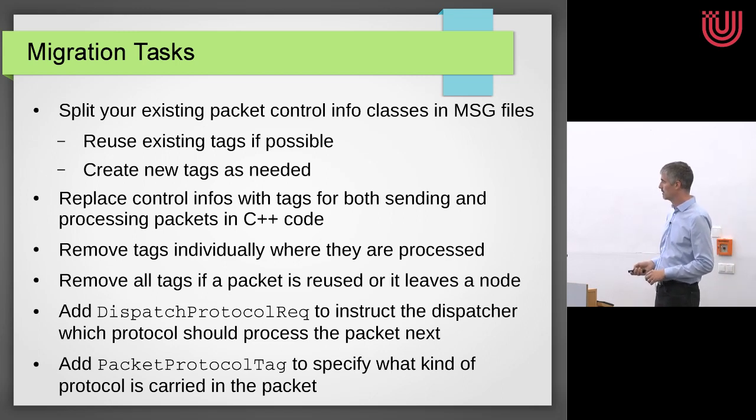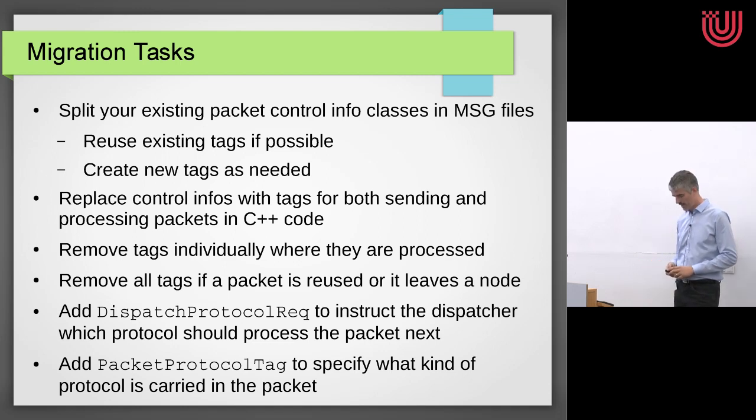And there are 2 additional points here. The first one is the dispatch protocol request tag, which is basically related to the previous part of the presentation, the network node architecture. This is actually the tag that instructs the message dispatcher to find out which protocol should process the packet next.